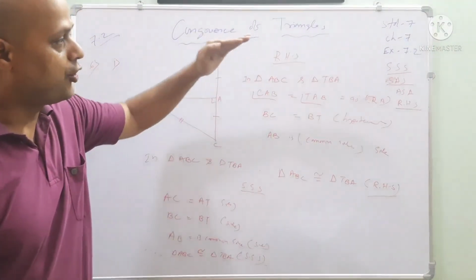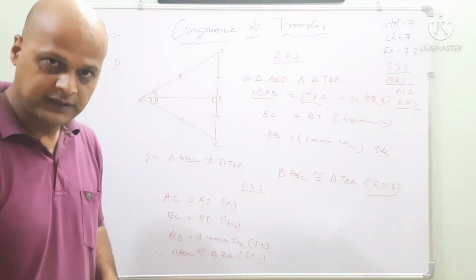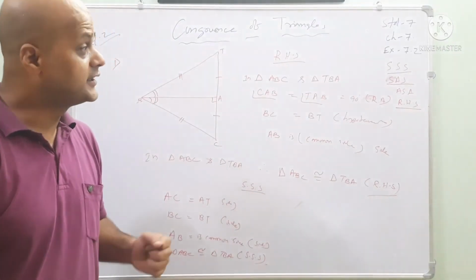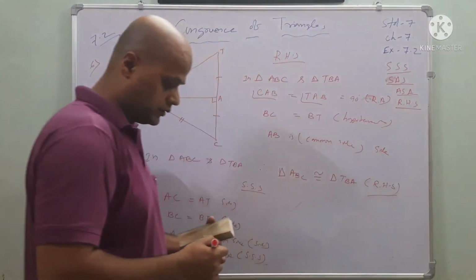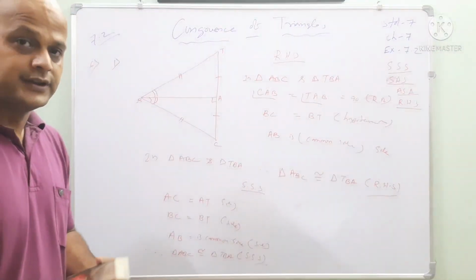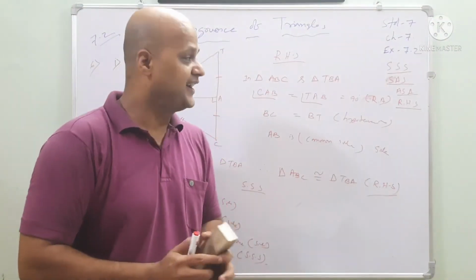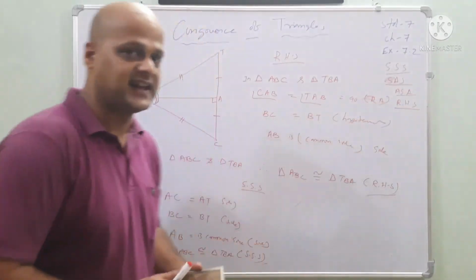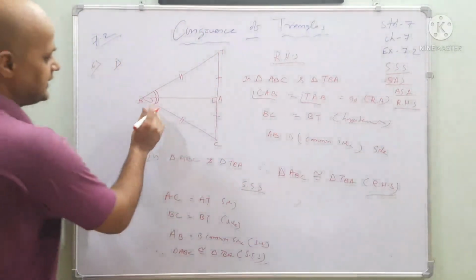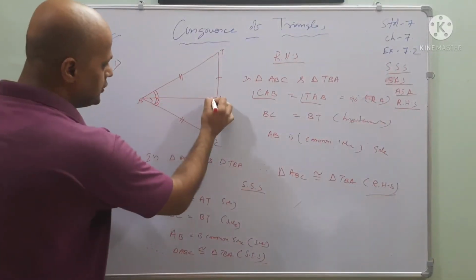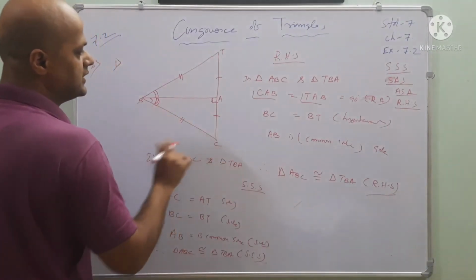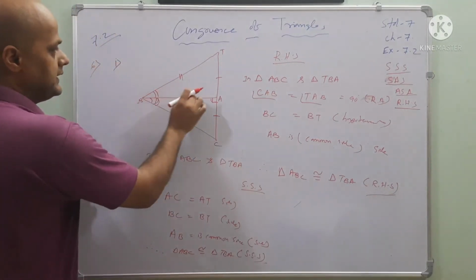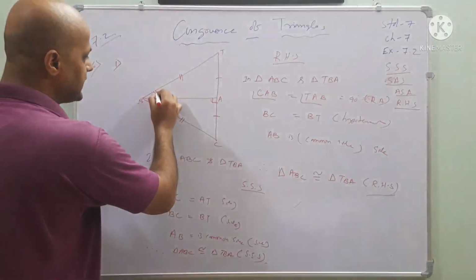Okay, you have to check all of them. Understood? Whether it follows ASA rule, is it follow ASA rule? This is for you. Angle, side, angle is there. Okay, I will give the hints. In this triangle, one angle, two angle. Out of these two, any side you can take. Either this or this. Take this one. In this triangle, this angle is given.